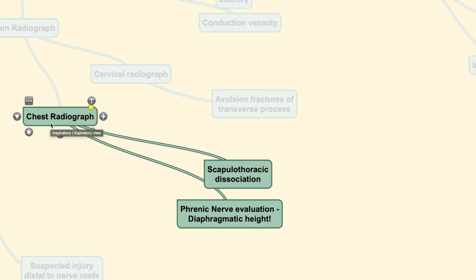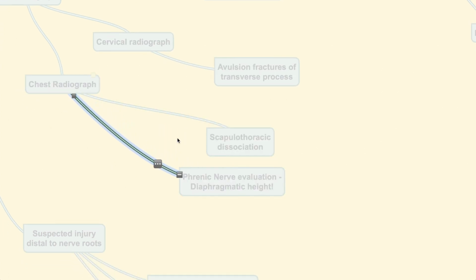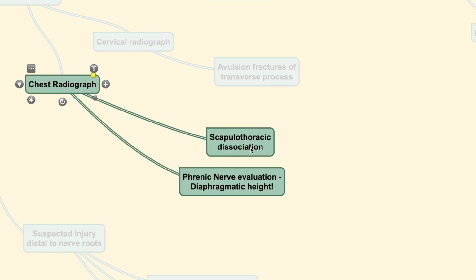While for the chest radiograph, we do this to evaluate for any evidence of high energy injury, such as those seen in the scapulothoracic dissociation. You could see that the distance between the medial border of the scapula towards the spinous process is different when compared right to the left.